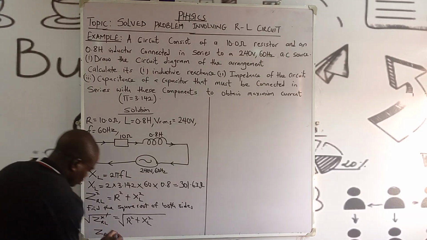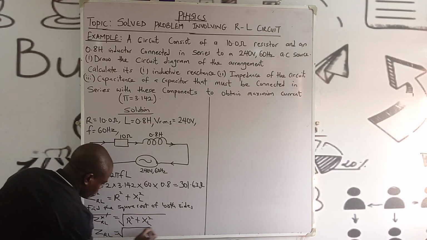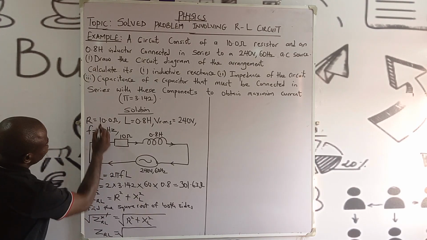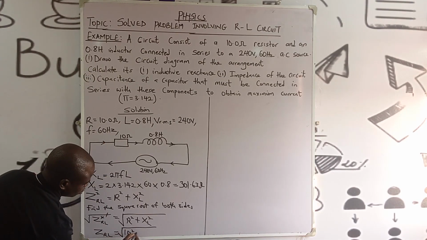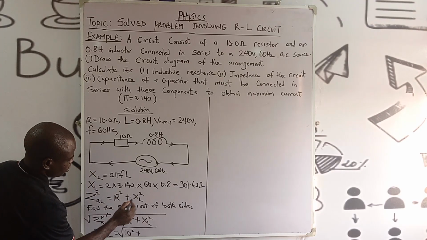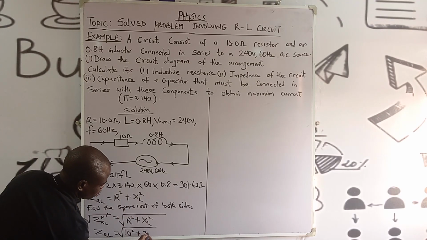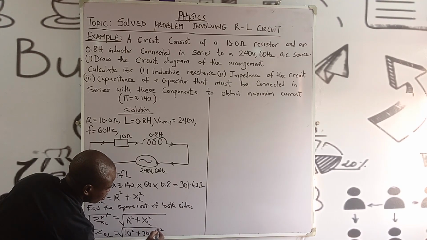Okay, now we have the resistor value 10 squared plus XL, which is 301.63 squared.